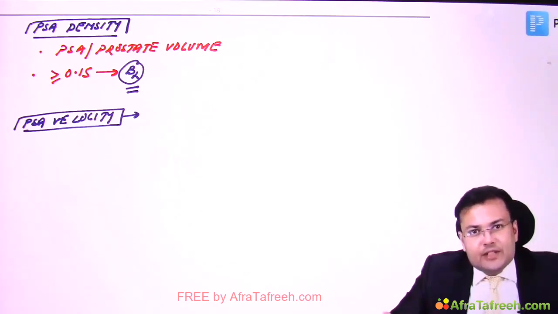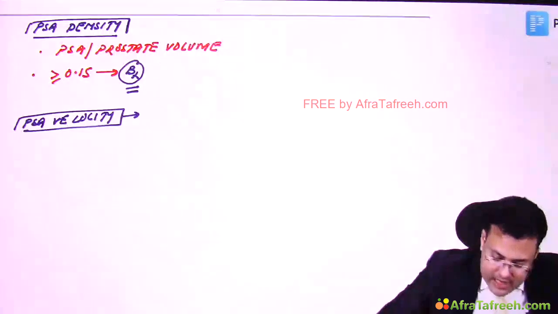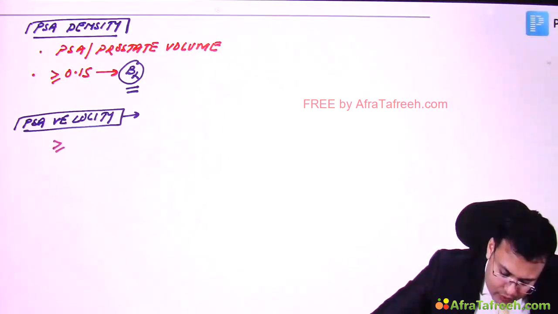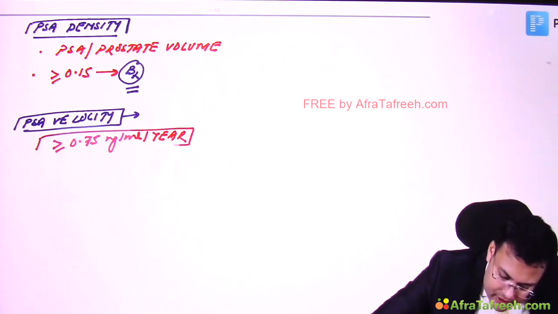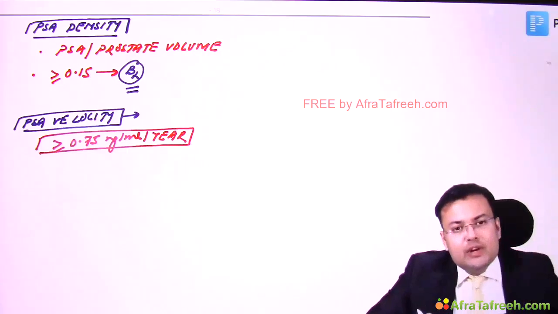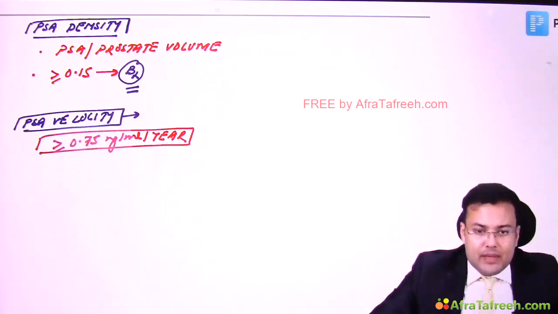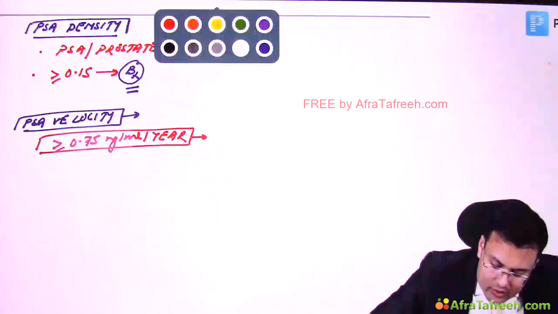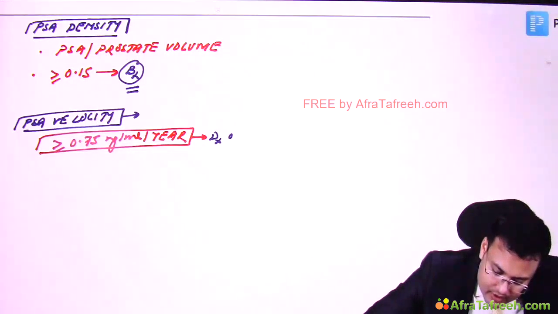So what is PSA velocity? It's the rate of change of PSA. Which value is diagnostic? If it's more than or equal to 0.75 nanogram per ml per year. This is diagnostic of carcinoma prostate.